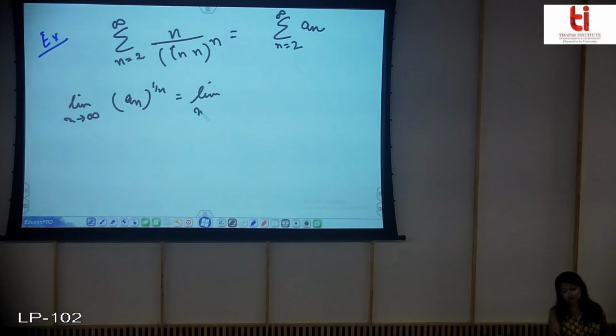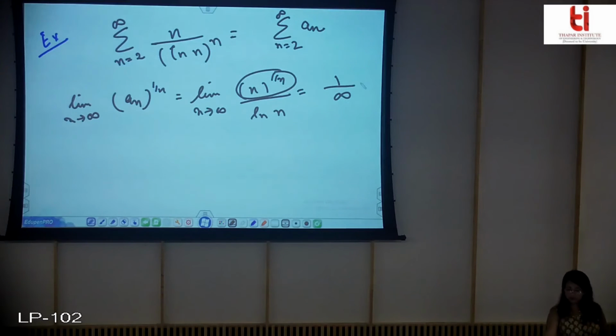So I'll take the nth root of this. So this will be equal to this. Now you already know that the limit of this is 1 and this is infinite, so this is equal to 0, and this is less than 1.